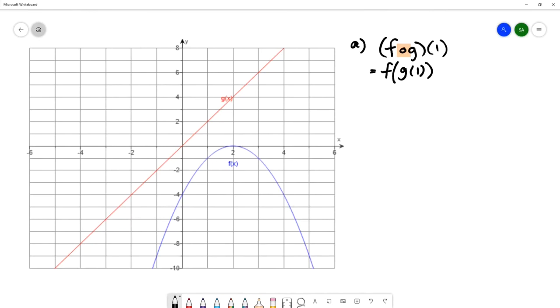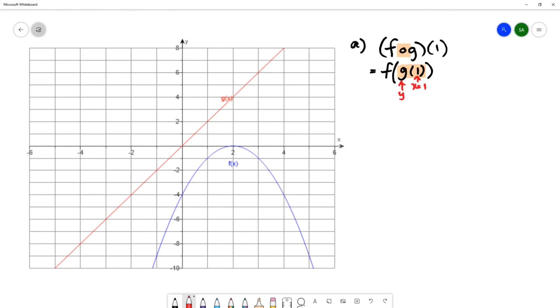And now that it's written in this format, we can recognize some order to the symbols. Inside the parentheses, we see some symbols that have meaning to us. This is our function notation. We want to evaluate the function g at the value of 1. So we know that x is equal to 1, and we want to find the y.